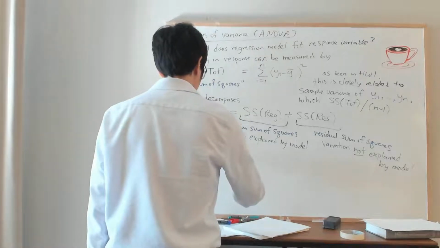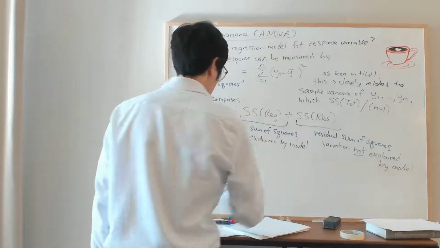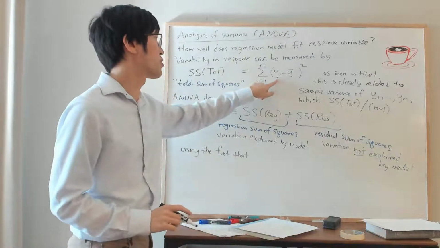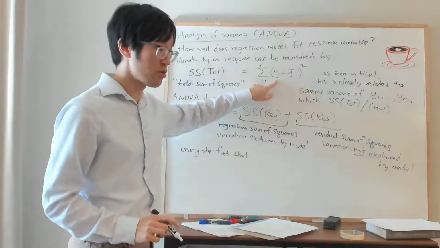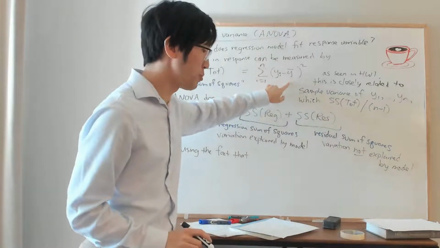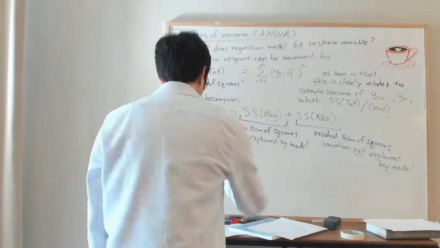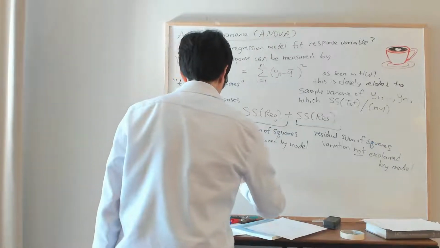So we're using the fact that, if you take this expression, the difference between each observation and the mean of the observations, yi minus y bar.